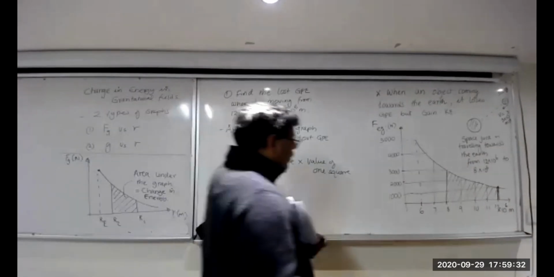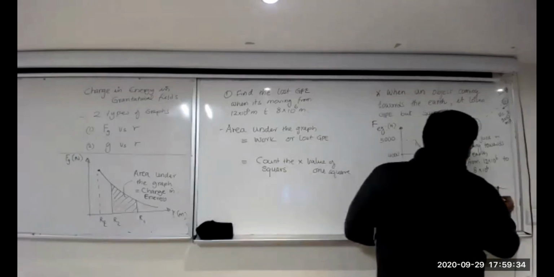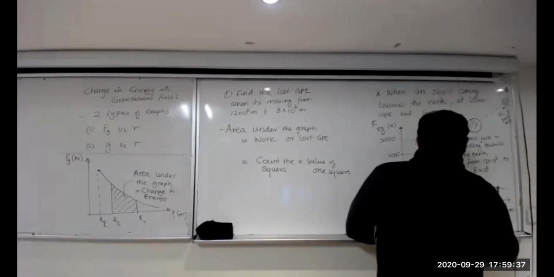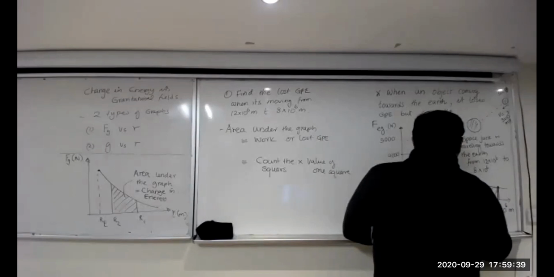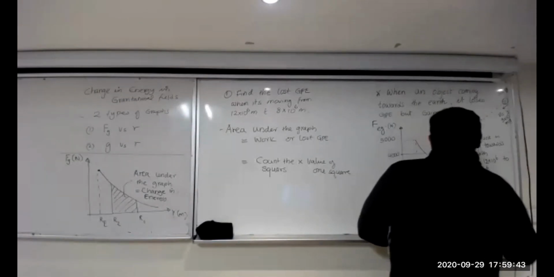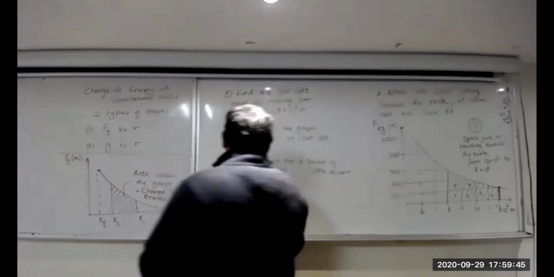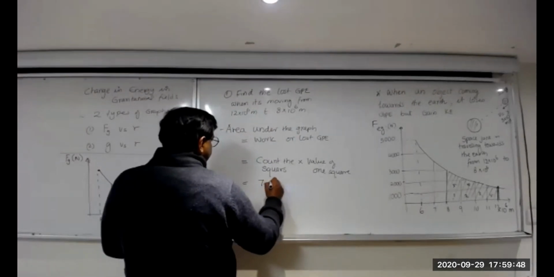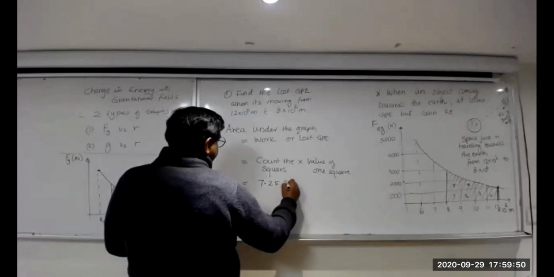So I don't know, just roughly say 1, 2, 3, 4, 1, 2, 3, 4, 5, 6, 7.25 or something. I'm just making up this many squares.